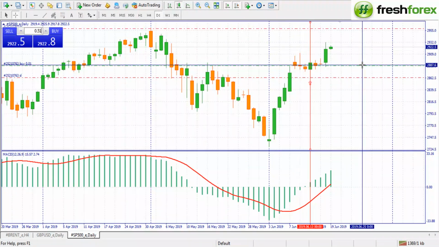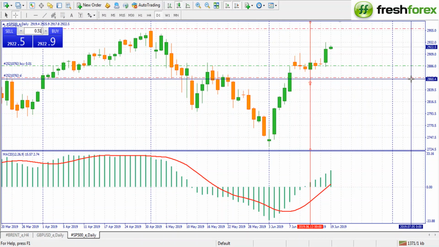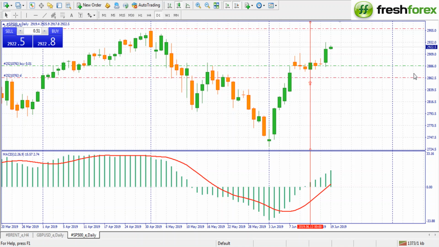If price moves, any change in price from this point, the distance between this point and this point, should be 2886.0 minus 2862.5. Subtract that properly, so 23.5. From this point to this point, we have like 23 pips.